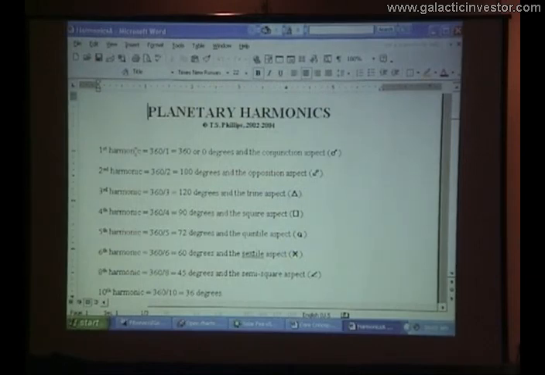That was posted at our users group, and a lot of traders jumped all over that. That was time to go long. It terminated the trend, and that was a major bottom. So that's an example of a first harmonic. When you see something like that, it's going to be a lot stronger than other aspects.